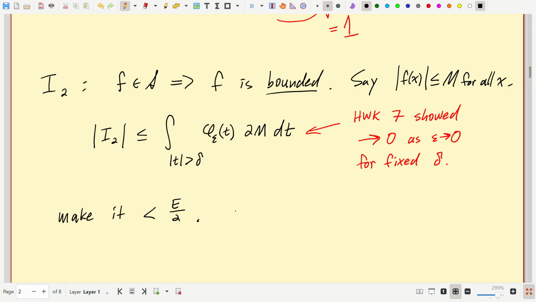And then you get the uniform limit. Okay, so those are the details. And we've worked on every little piece of it up to this point. And it works great.